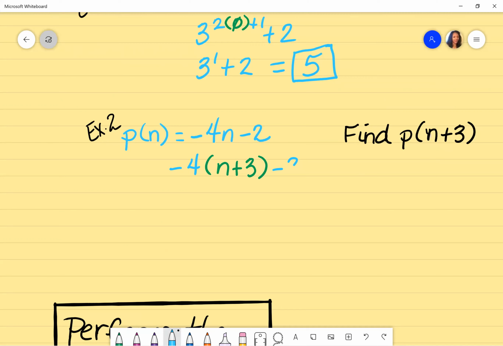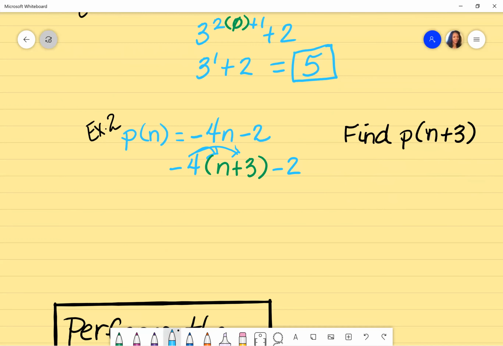And the reason you want to do that is because, like in this case, what I needed to do is to distribute this -4 to everything. But let's say I wrote it incorrectly and I just wrote -4 n plus 3 minus 2. That looks like something different. That tells me to combine those two, and that will be incorrect. So make sure you make a habit of keeping up with your parentheses.